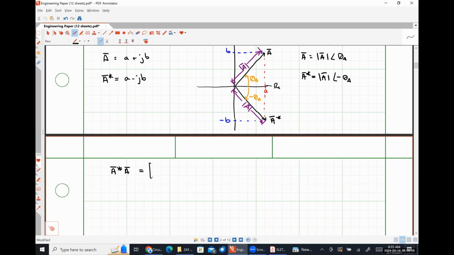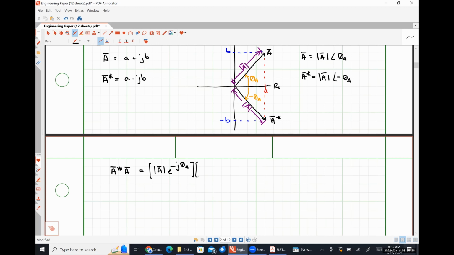So it doesn't quite square. It's close, but not quite, okay? So we know from up here that A conjugate is the magnitude of A, and then we would have e to the negative j theta A if we were representing our complex number in exponential form.